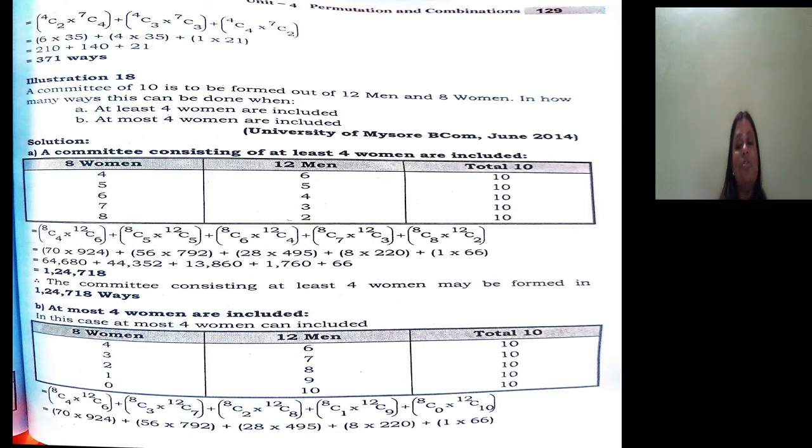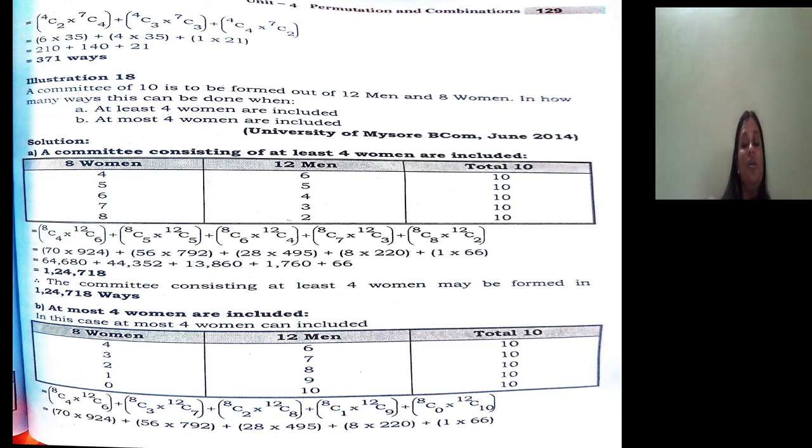So 8C4 into 12C6 plus 8C5 into 12C5, then 8C6 into 12C4, 8C7 into 12C3, 8C8 into 12C2 is the answer.